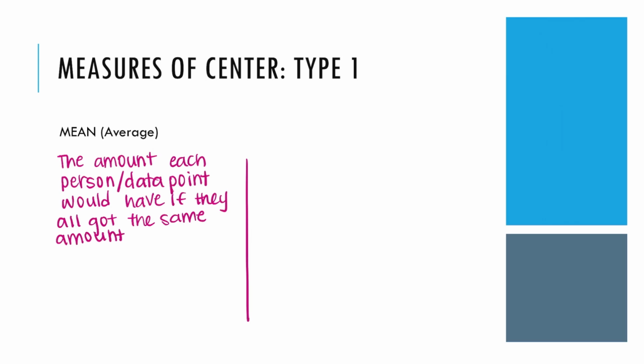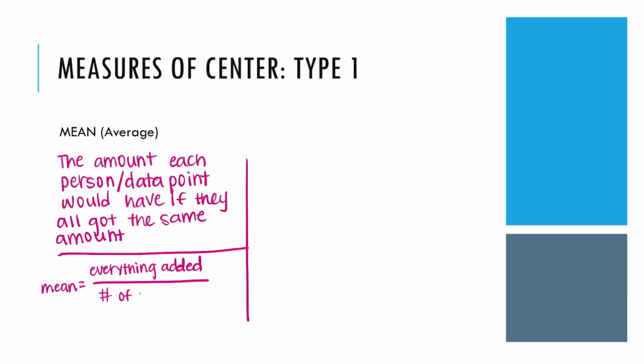The reason I think about this is because of the way you calculate the mean, and this is something you do need to know, you'll see this on the ACT or the SAT a lot. The mean is equal to everything added together, divided by the number of points.